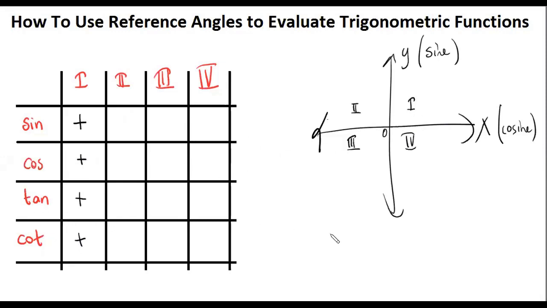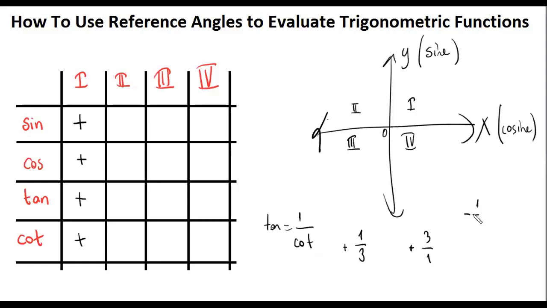Why do tangent and cotangent have the same sign? Because tangent is the reciprocal of cotangent, right? Tangent is 1 over cotangent, or cotangent is 1 over tangent, the same. If you take the reciprocal of a number, you don't change the sign. For example, the reciprocal of positive 1 over 3 is positive 3 over 1.